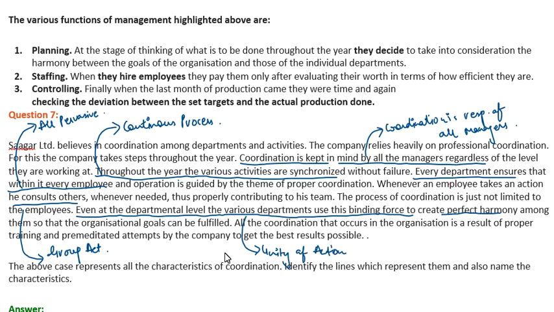Okay, and last point, coordination that occurs in the organization is the result of proper training and premeditated attempts. That means it's a deliberate function. So these are the lines which we will write in the answer. Okay, and we will write these characteristics also. Now let's see the answer.